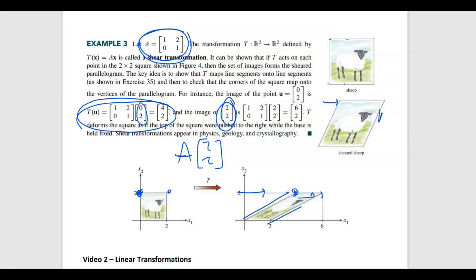Okay, let's look at a couple more examples. Example 2 is a very special type of matrix, and what it does is it takes anything in R3 and puts it down on the x1, x2 plane.